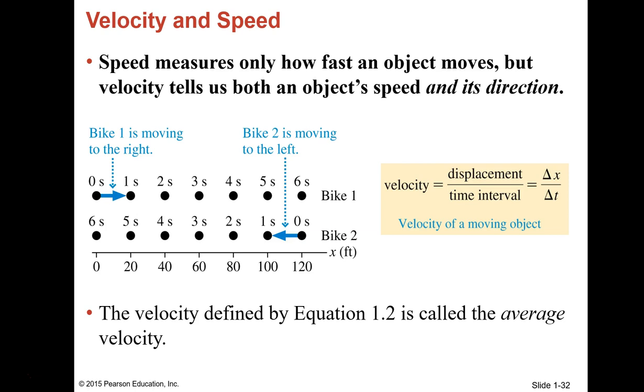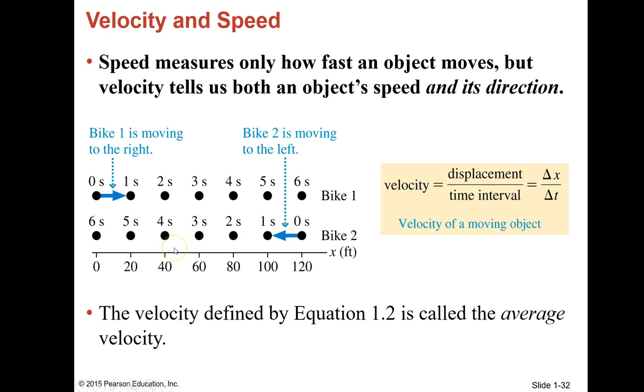However, for the velocities, one is going to be a positive velocity, the other a negative velocity. Bike 1 is going to have a positive velocity because that's a positive displacement. It's going from 0 to 120. Bike 2 is going to have a negative velocity because it's going back to 0.